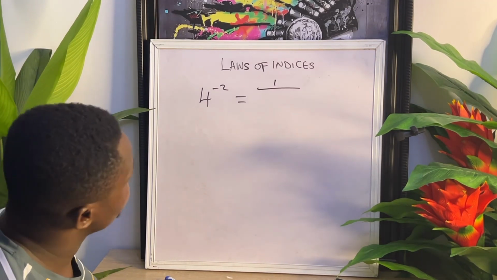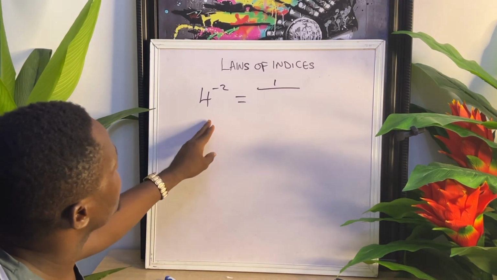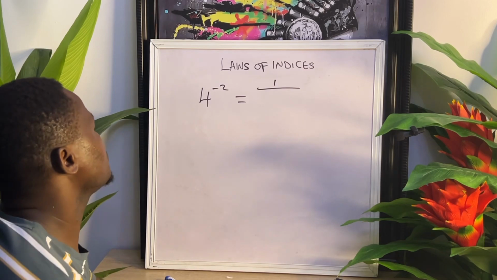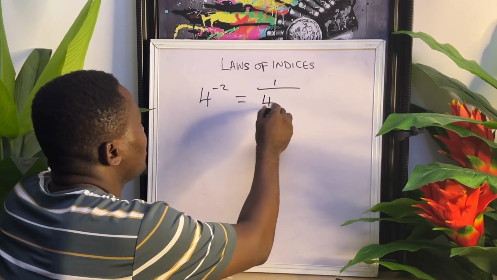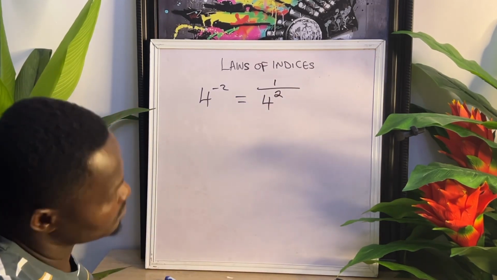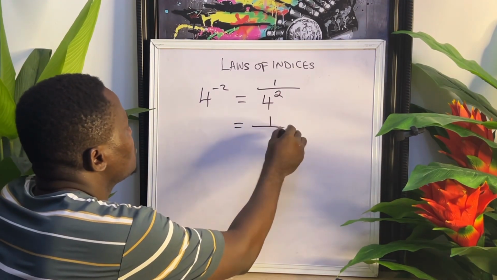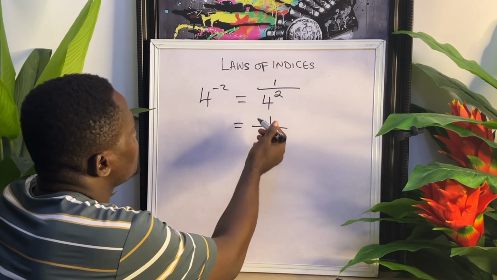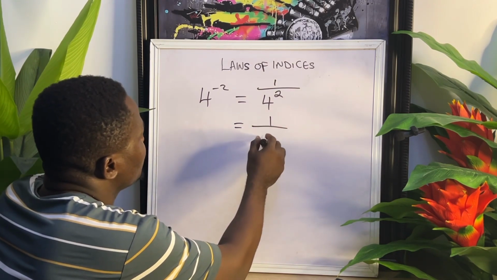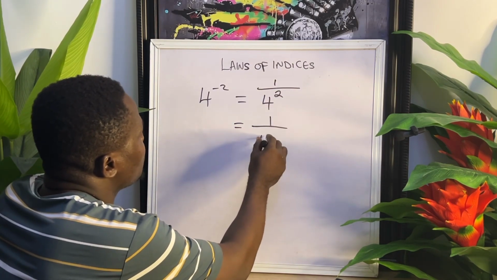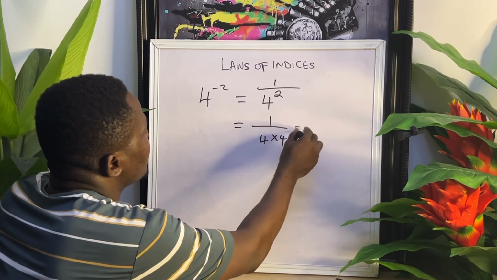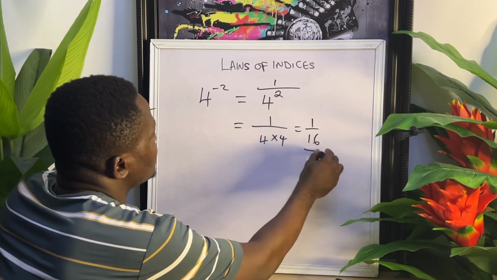Yet, without the minus, we have left 4 raised to power 2, which comes under here as the denominator of this fraction. And then it goes to become 1 all over 4 raised to power 2, which is 4 times 4. And that is 1 all over 16.